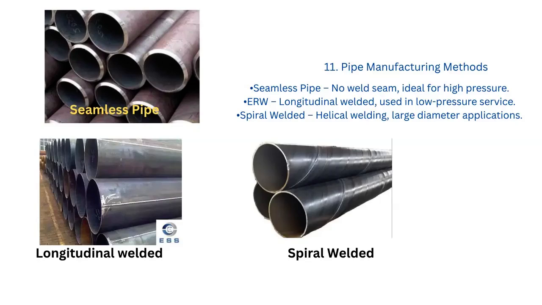ERW, or electric resistance welded pipes, are joined along their length and are commonly used in structural and low pressure systems. Spiral welded pipes are formed by helical welding, suitable for large diameter pipelines in low pressure applications. Why is this important? Because the manufacturing method affects pipe strength, cost, and inspection scope.